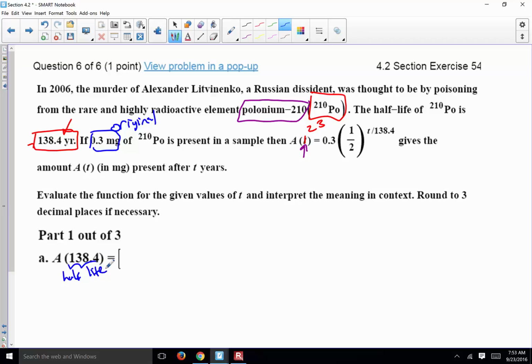If you wait the exact half-life, how much material will be left if you start with 0.3 milligram? So we can actually logically answer this question. You're exactly waiting a half-life period, 138.4 years, and you have started with 0.3.